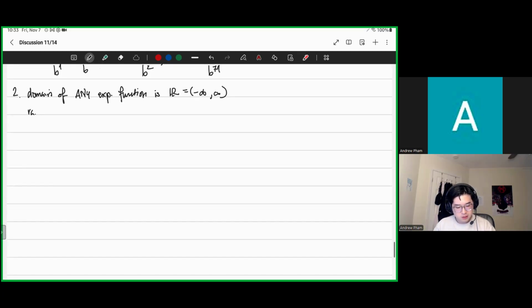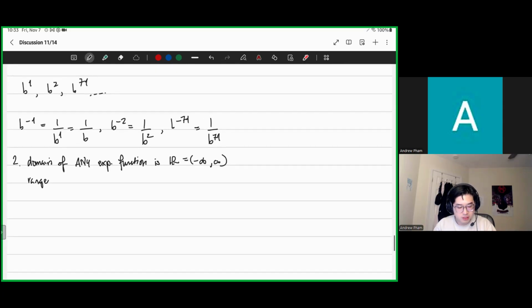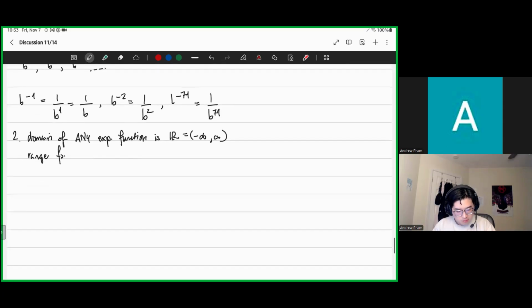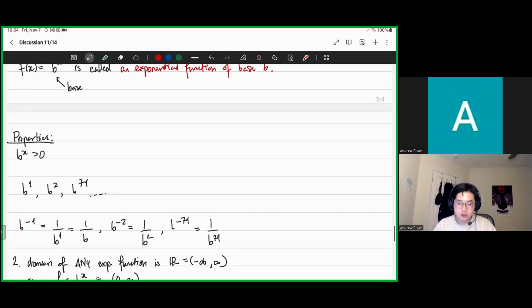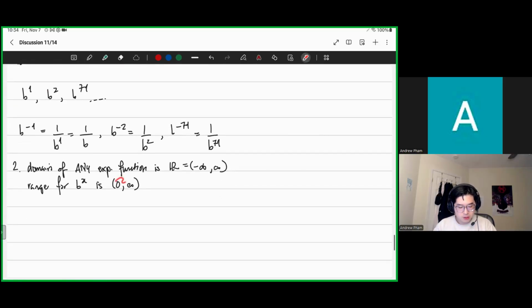But the range is going to depend on your vertical shift, if you have a vertical transformation. So the range, in this case for b to the x, is 0 to infinity. Since b to the x is strictly larger than 0, 0 is non-inclusive. That's why there are parentheses here. And you can grow off to infinity, and that's also non-inclusive.